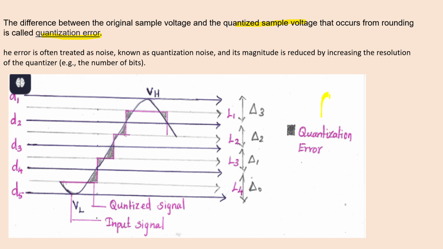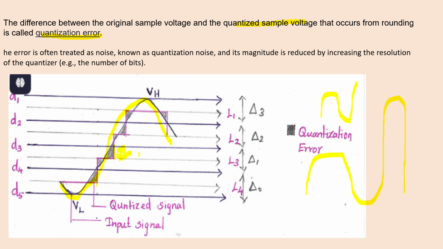Suppose this is the analog wave, and the quantization is like this. This is the quantization. So you can record the signal at this level or this level, because this is a limit.